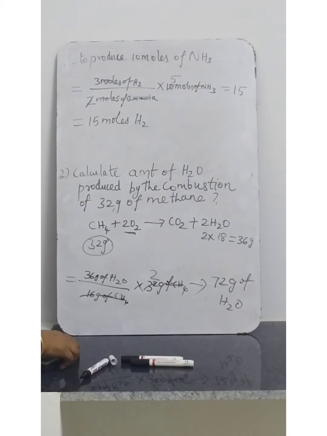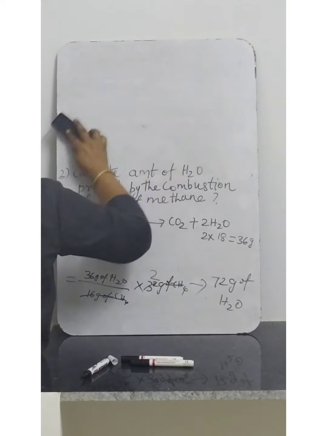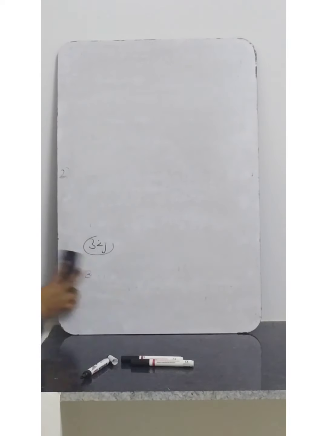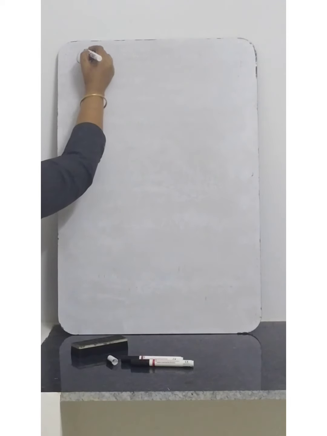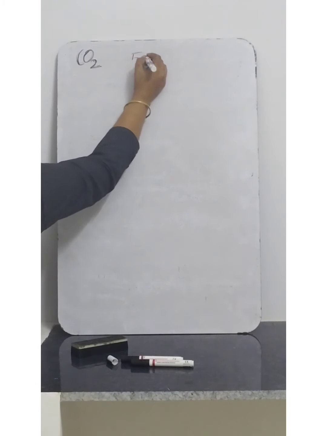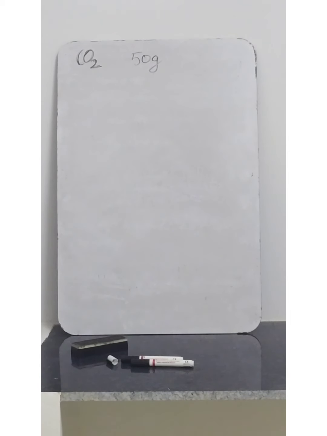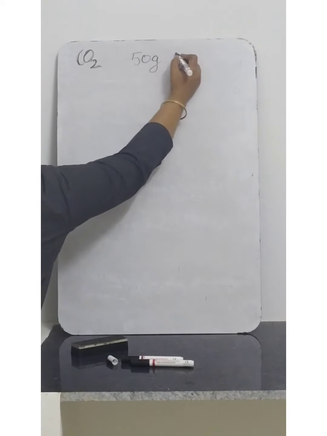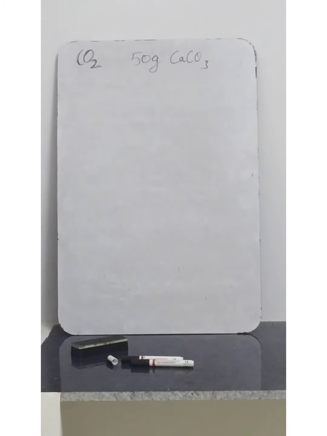The next problem is this. Here, what they have given is: how much volume of carbon dioxide is produced when 50 gram of calcium carbonate is heated?